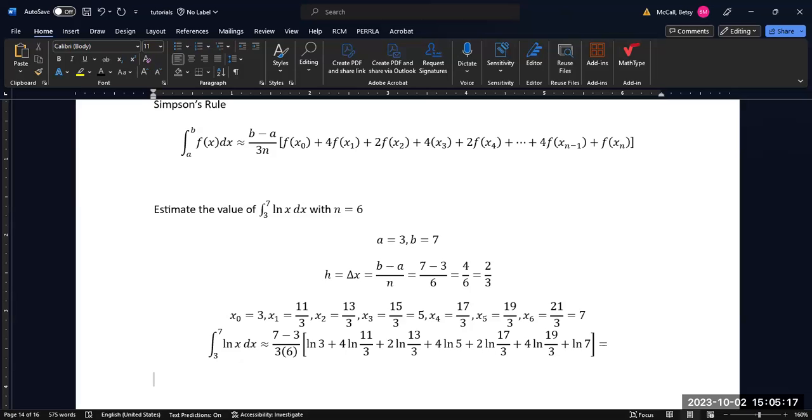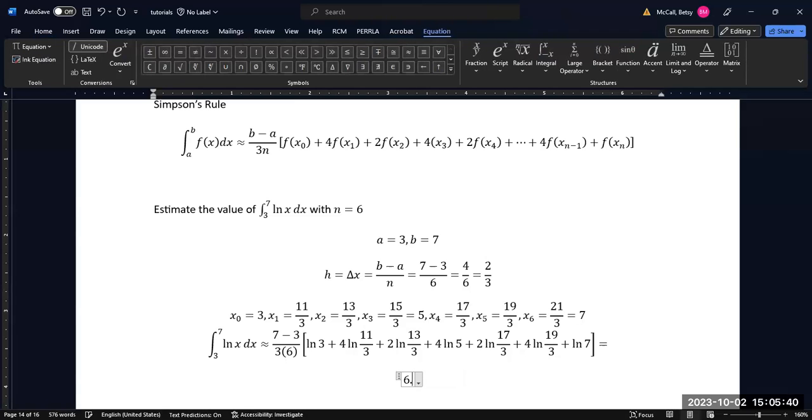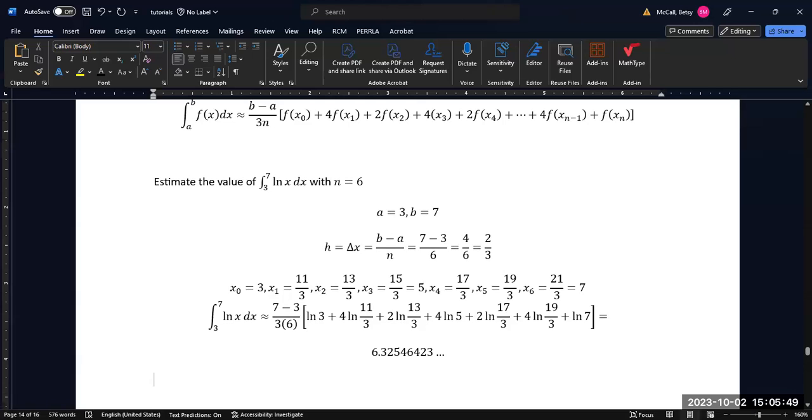After every log, after you put in your number, you have to close the parentheses, and then log 7 at the end. And then we said that this was going to be 4 over 18 or 2 over 9. So times 2 over 9. And we're going to get 6.32546.